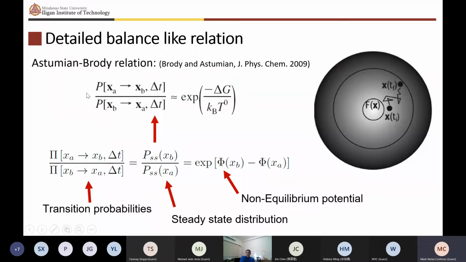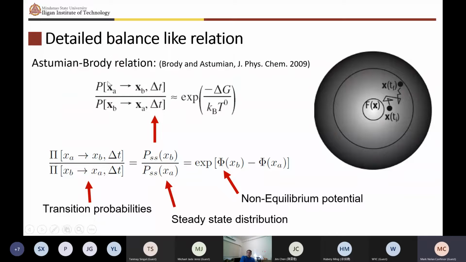But the important thing is that using the formulation they developed, they were able to show the transition probability from one point to another. If you choose two points, say x_A and x_B, you count the number of times the particle moves toward one, and the probability it moves toward that position, and the reverse in the denominator. The ratio of that gives you the exponential of minus delta G over kT, where G is their so-called free energy.